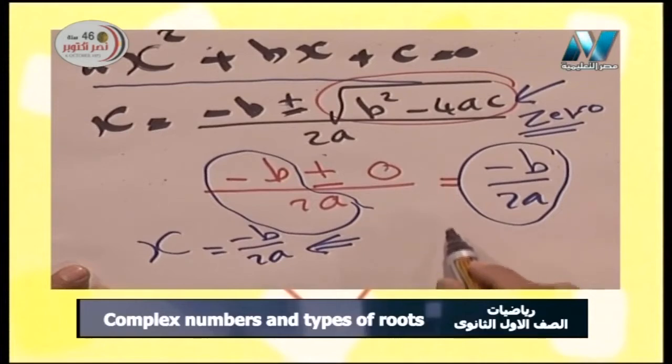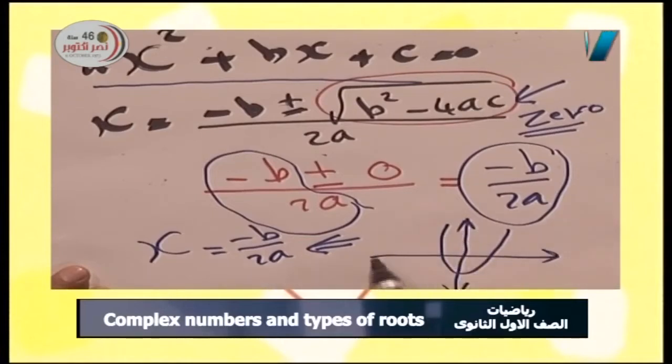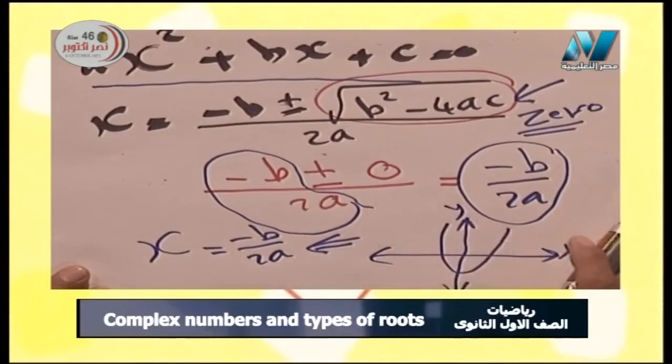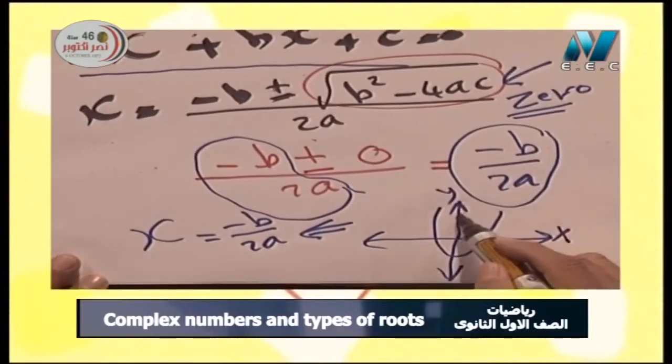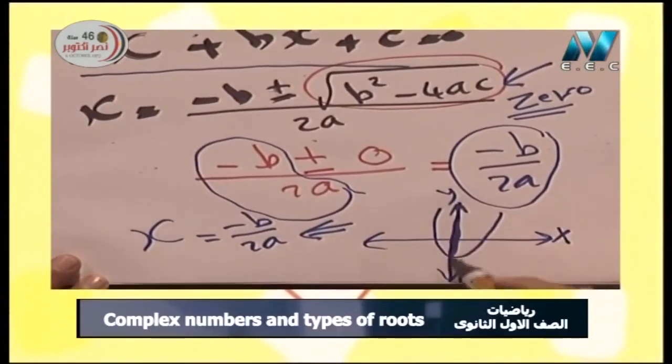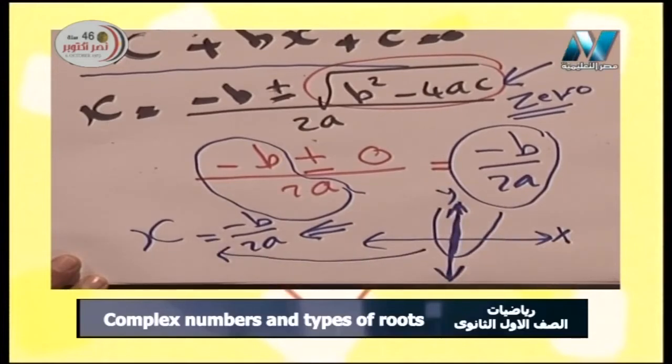If we have a curve here, a parabola, with an x-axis and y-axis, we will have the axis of symmetry. Its equation will be x equals negative b over 2a.